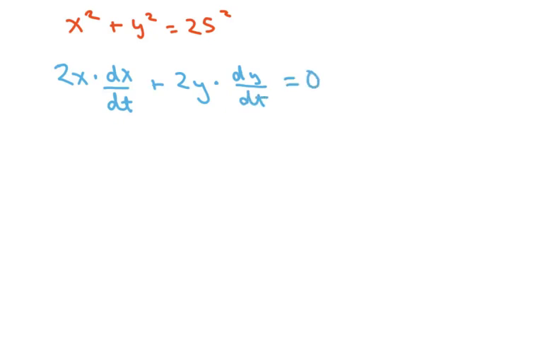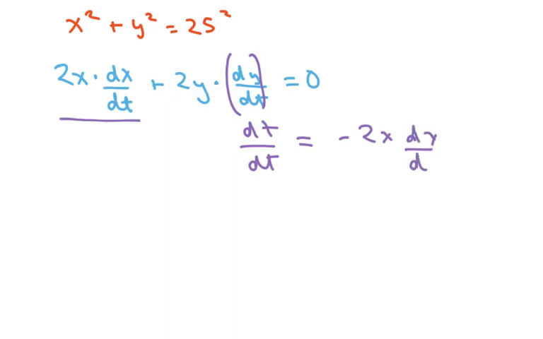If I solve for the derivative of y, I get the derivative of y with respect to t equals minus 2x times the derivative of x with respect to time, divided by 2y. So the 2's cancel.